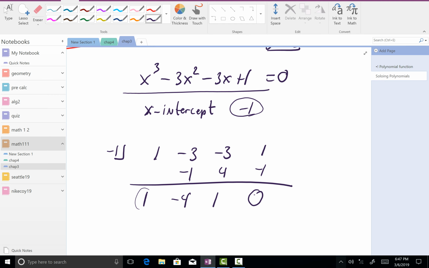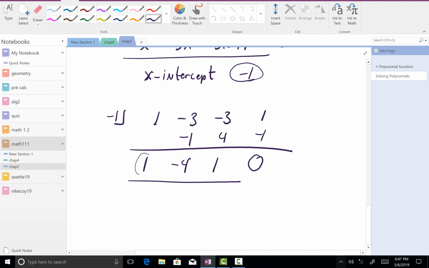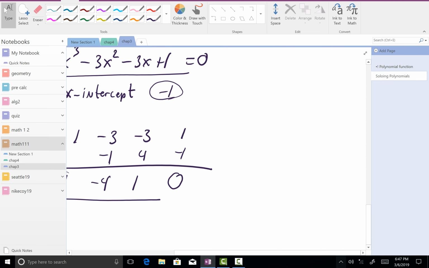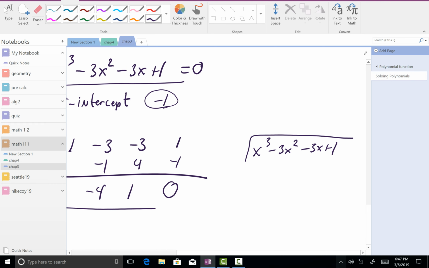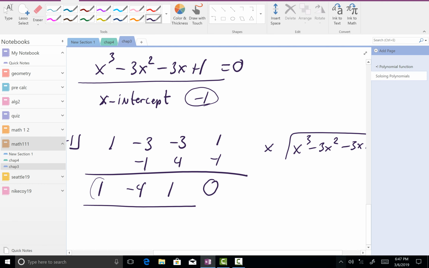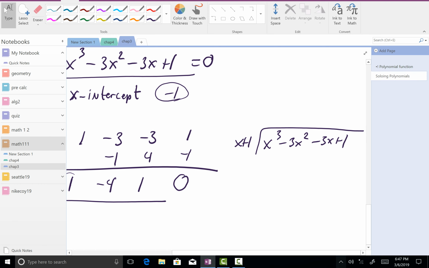All right. So now that we have this, essentially what we just did is we took this polynomial x cubed minus 3x squared minus 3x plus 1, and we divided it by x plus 1. So when we divide it, what we're left with is an x squared as my highest power there.